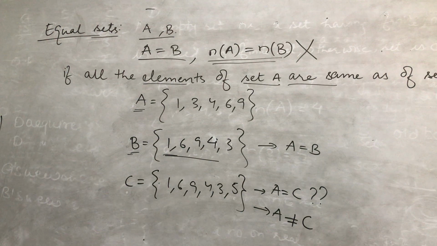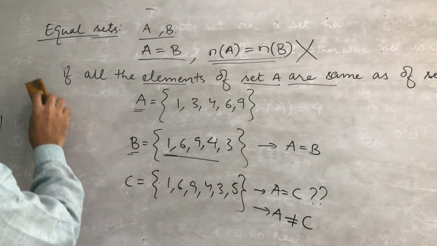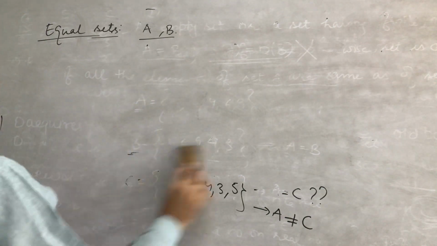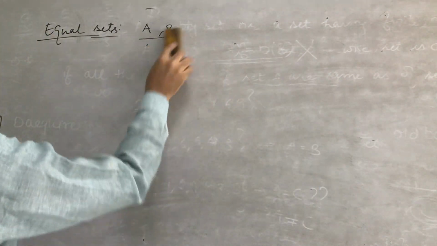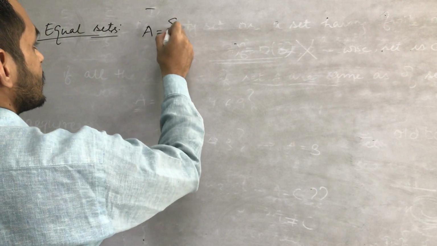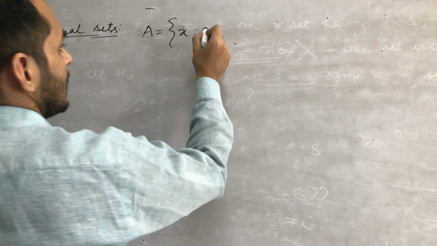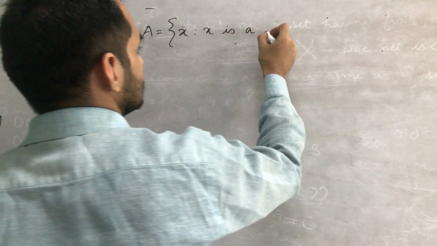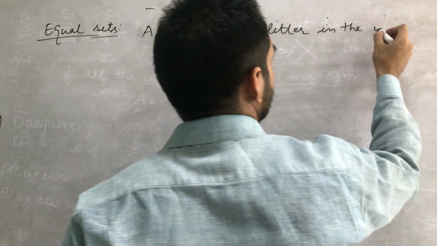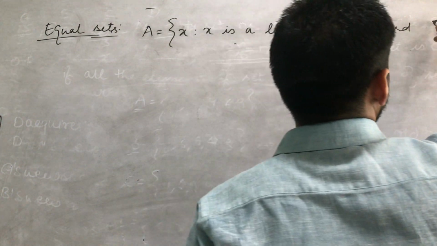Now let's take another example. Let's say set A equals the set of all x such that x is a letter in the word alloy.